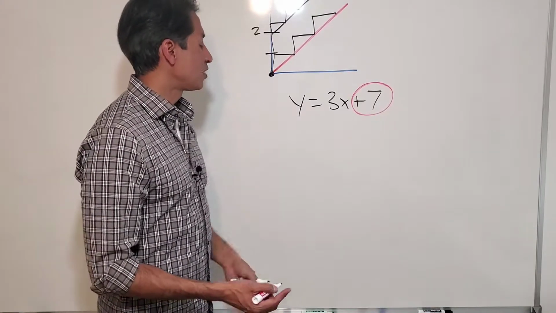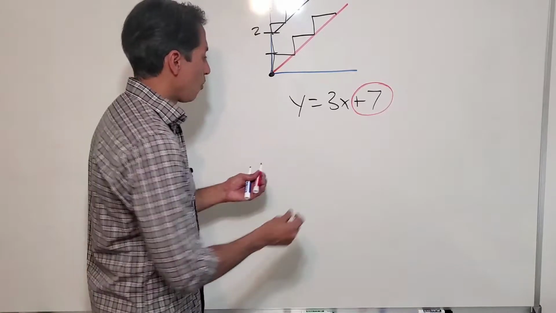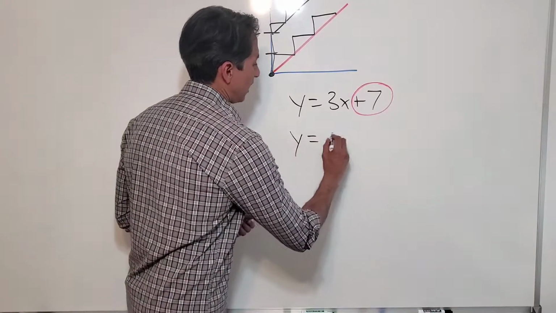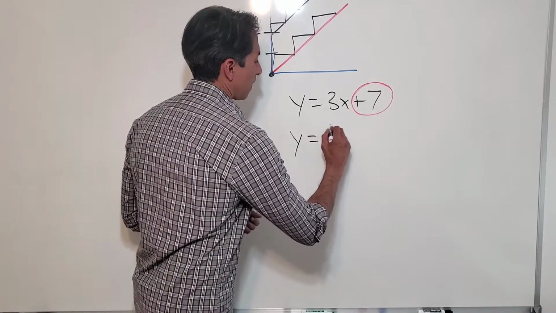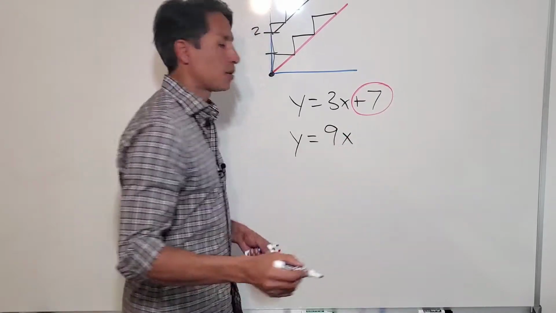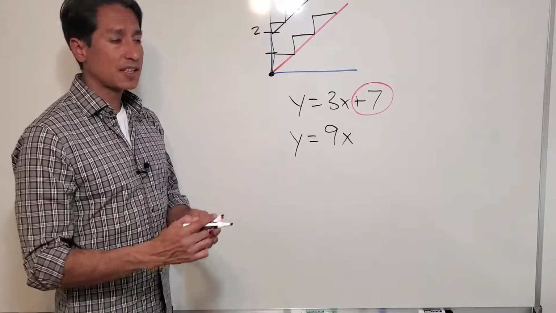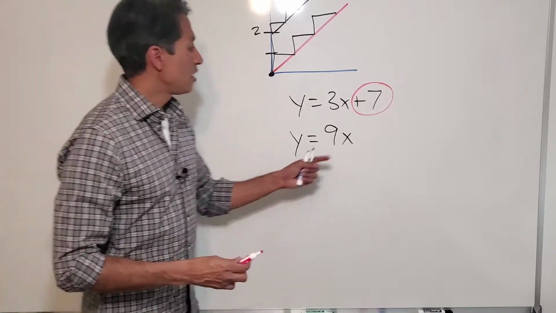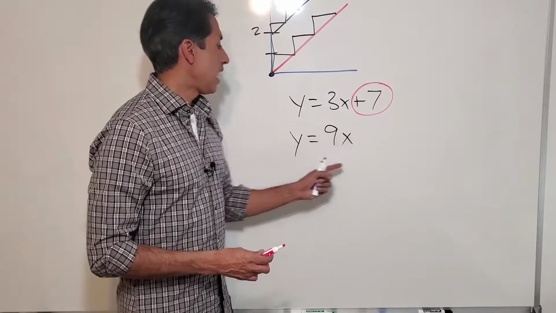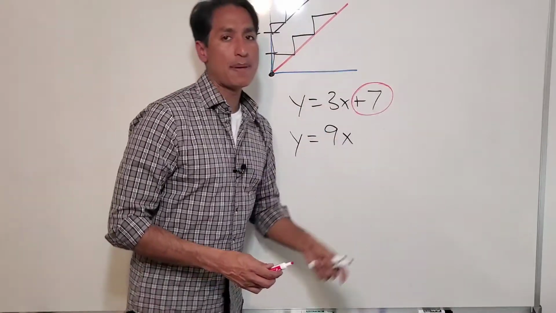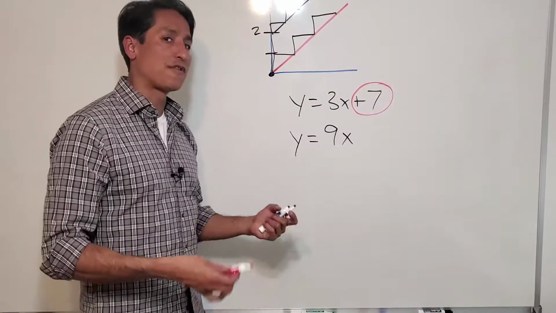What if I have a formula like y equals 9x? What about that guy? Does this have direct variation? Yes, because it starts at the origin. There's no starting point here, and I just start to slowly move up at a rate of 9, or 9 over 1.